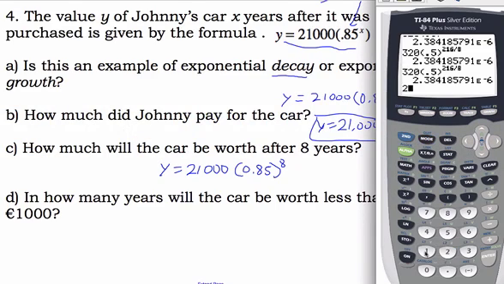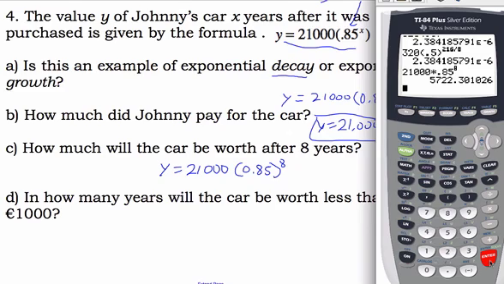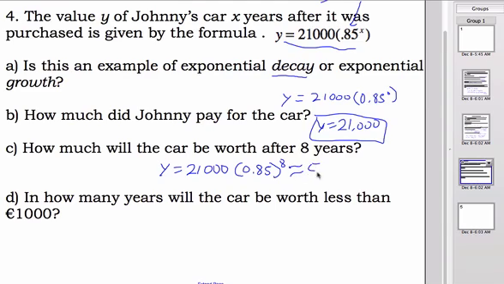So 21,000 times 0.85 to the power of 8 equals, so I guess we'll round off to the nearest dollar. It doesn't say here. So $5,722. Or euro, I guess it is euro.